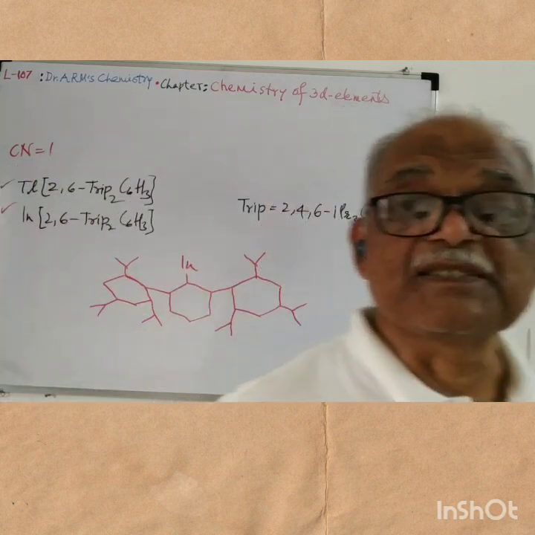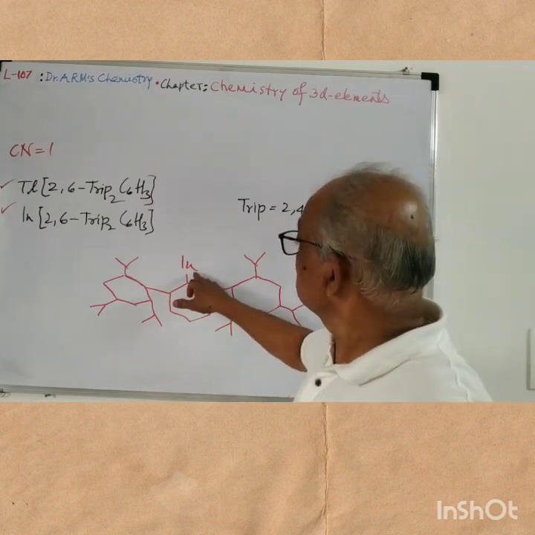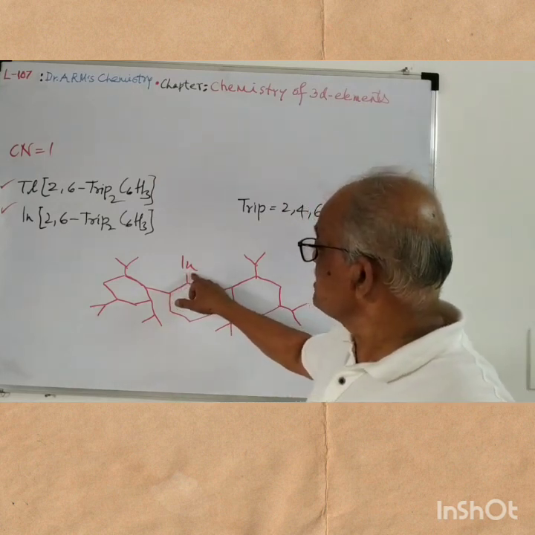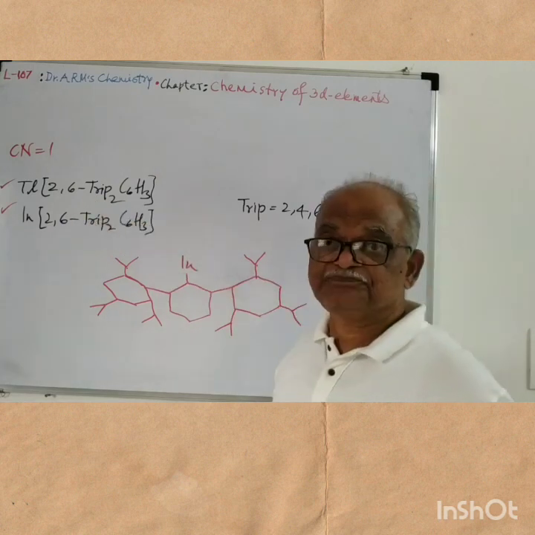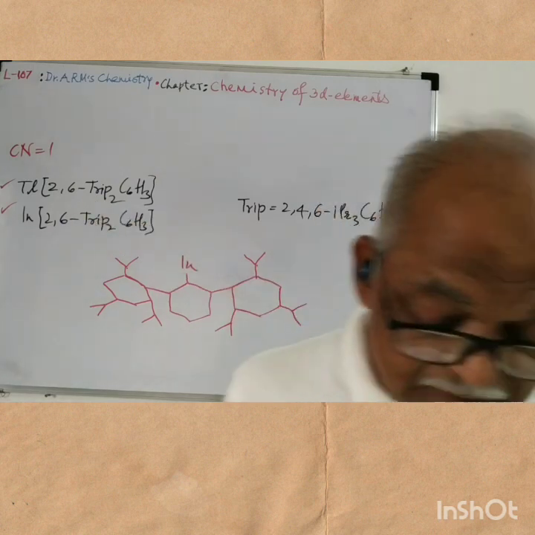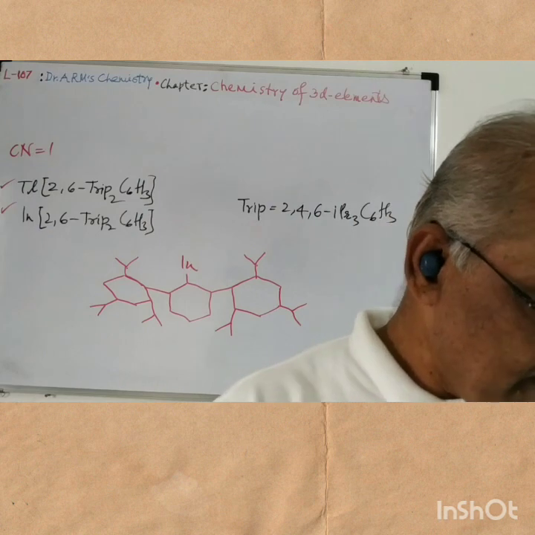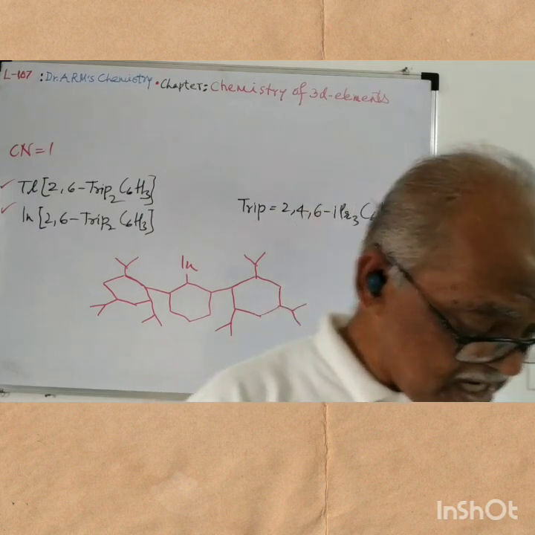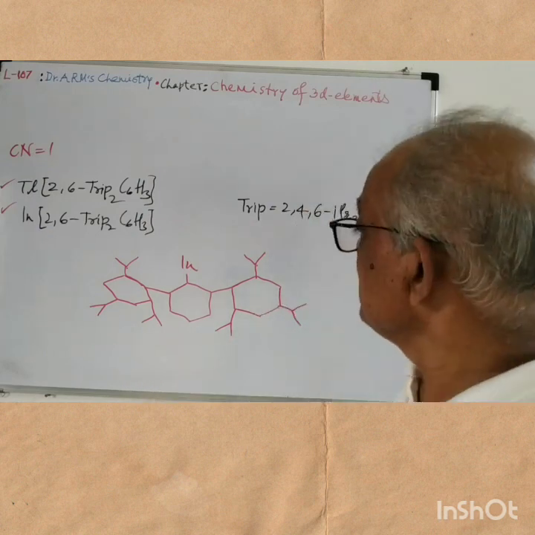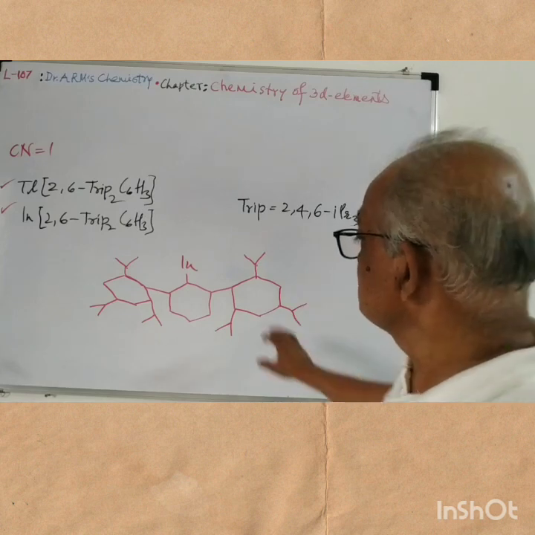So this is the structure of one of these. We can replace this indium with Tl, that is thallium. So you will get this geometry, which is very rare.